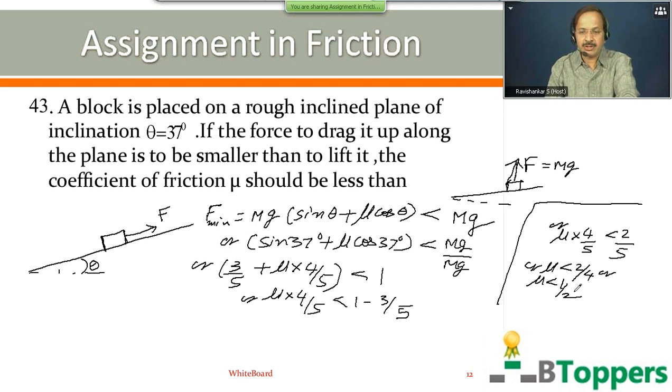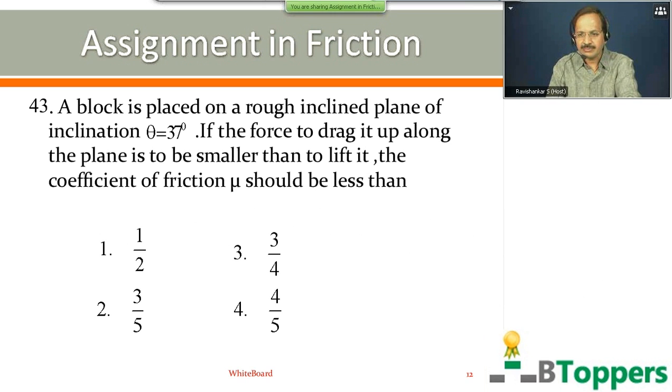In case you need more time to copy the solution, you can pause and take your time. I am going to discuss the next question. So for question number 43, the first option is the answer.